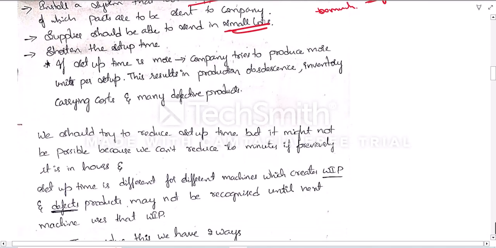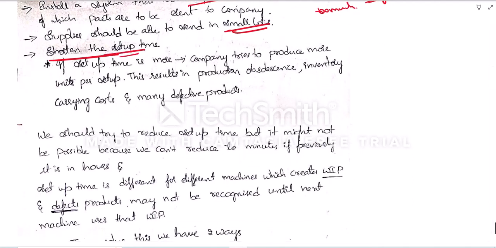And we should shorten the setup time. Setup time is nothing but the time taken to make the machine ready for production after completion of one production lot. See, we have produced 100 units in one lot.